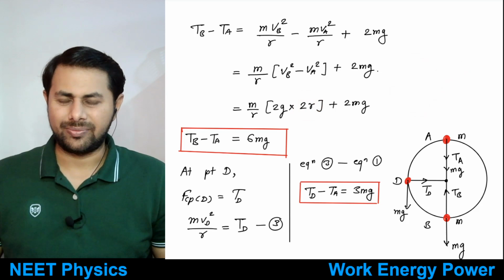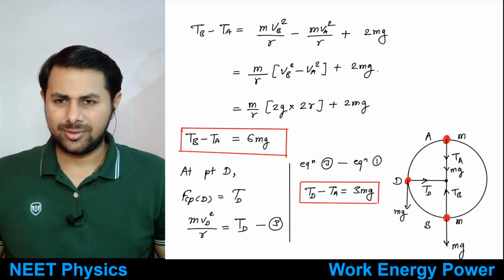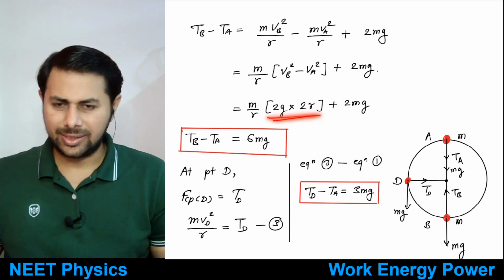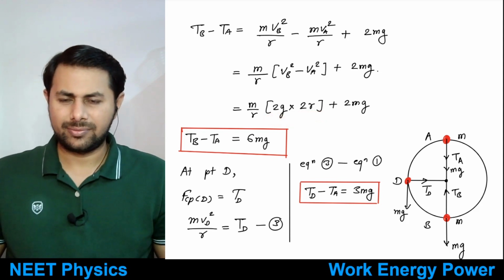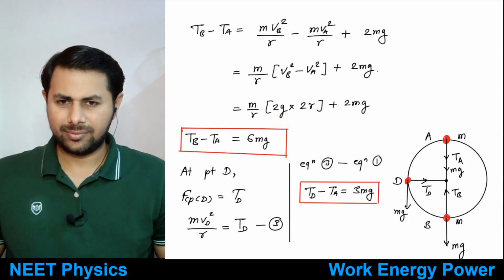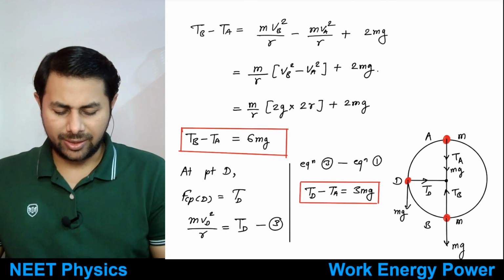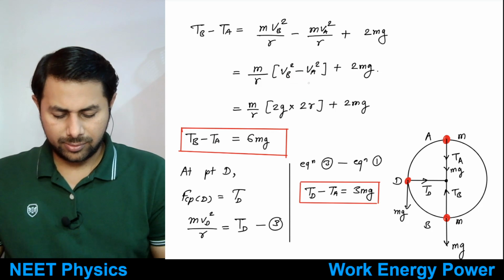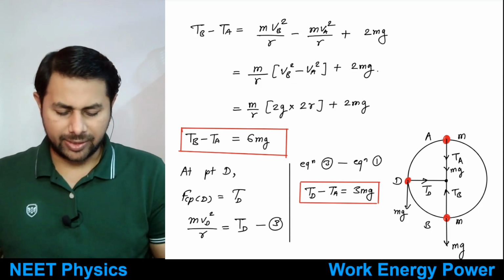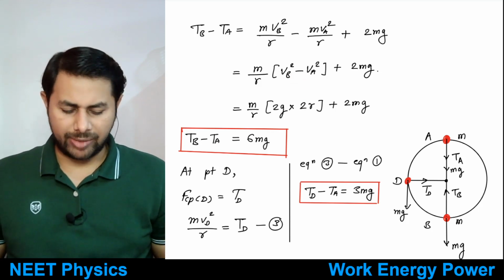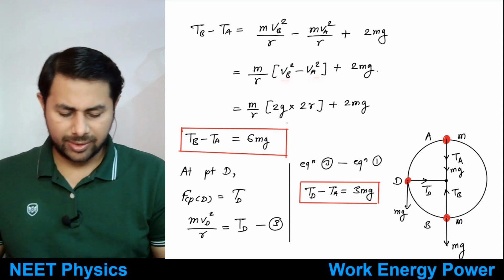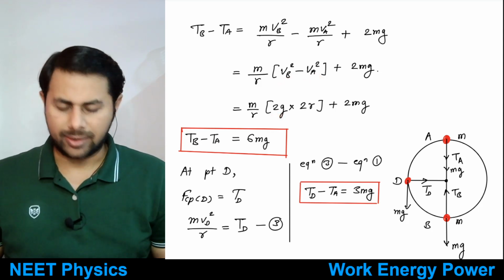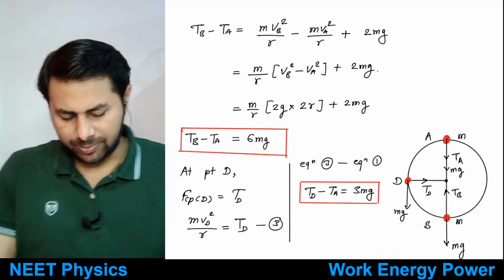It's equal to 2r, okay? Is this point clear? Vb square minus Va square would be equal to, not square root, I am taking the square, no? So that square root will vanish. Vb square minus Va square is equal to 2g into 2r. Okay, so let me explain this.